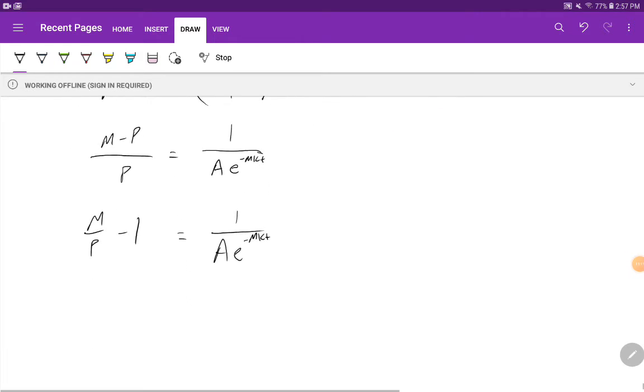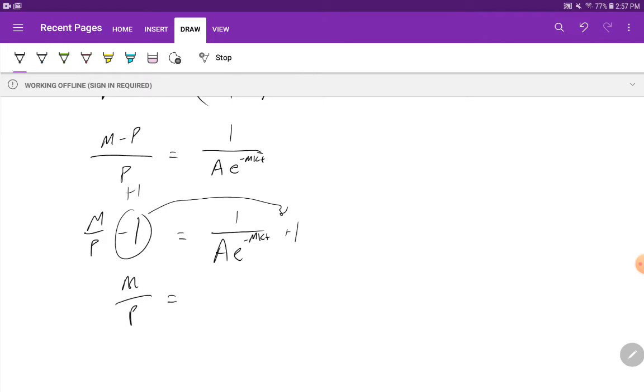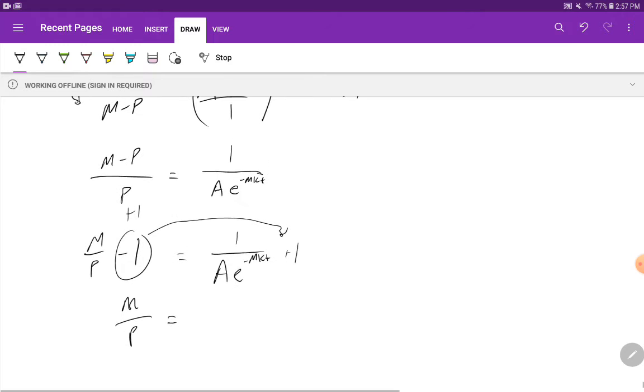From here, it's going to get a little messy. We're going to do m over p equals. So when you add this 1 over here, you can combine them, and man, there's got to be a much better way to do this.